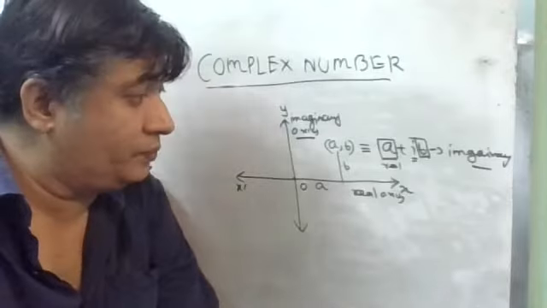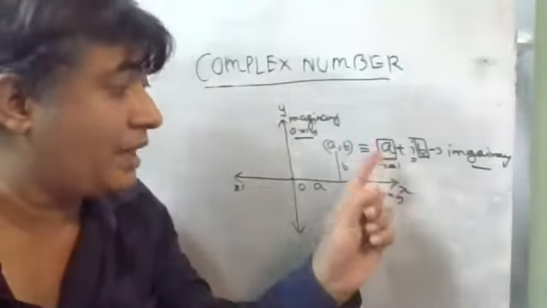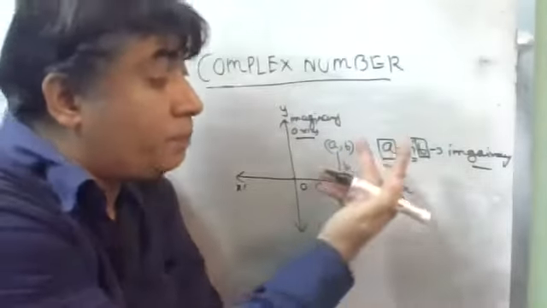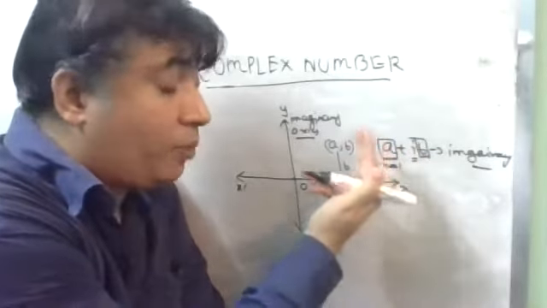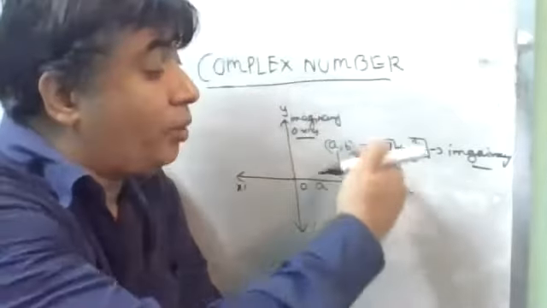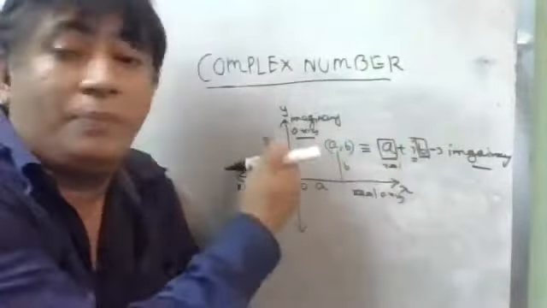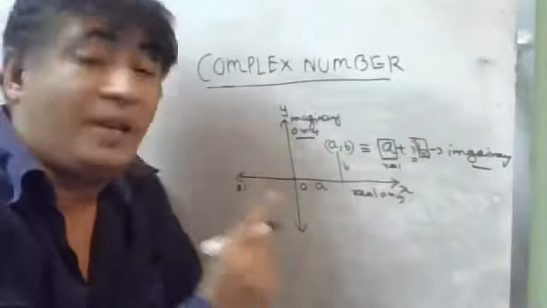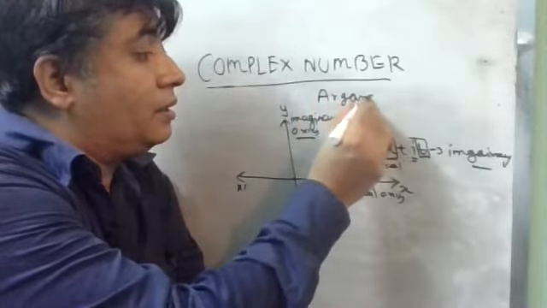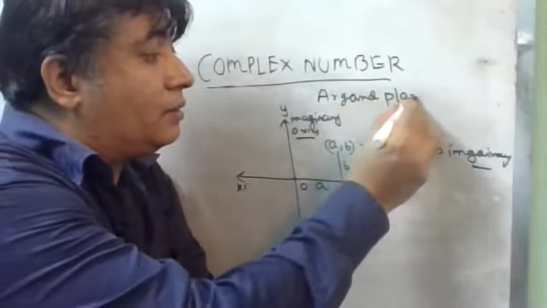Hope you understood. Now, this a plus ib is the representation of a point or plotting. In this way we can plot a point in the complex plane. This complex plane is called the Argand plane.